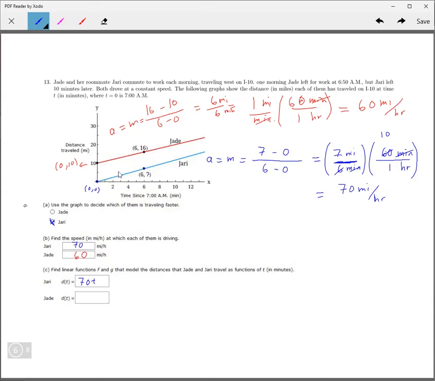So that means for this one, we're going to go back to this place right here. Okay, so for Jari, it's 7/6t. For Jade, this is just 1 here. So that's going to be t, but her initial value was 10. So t plus 10.